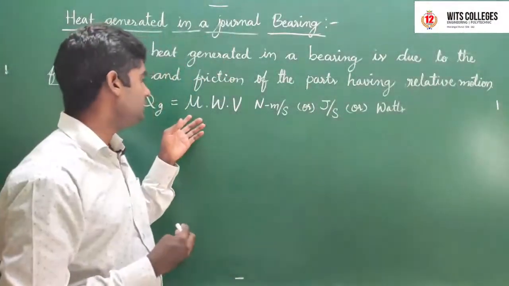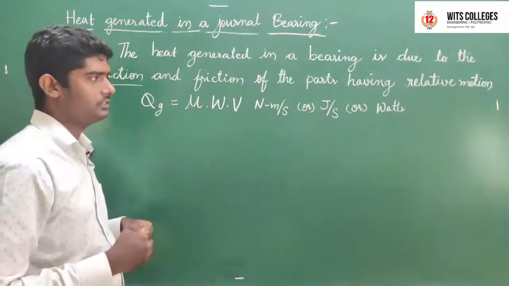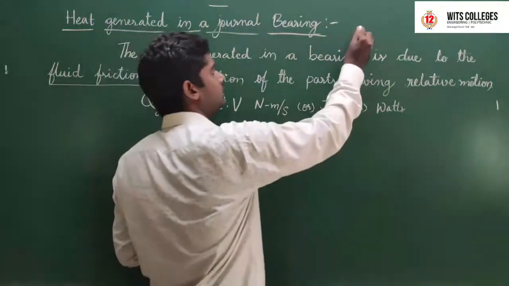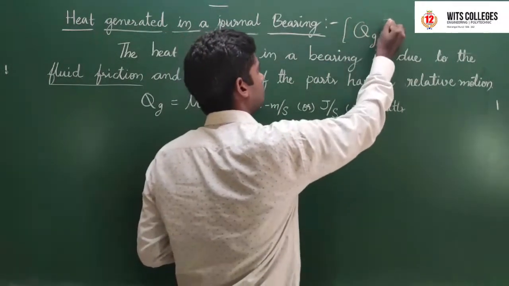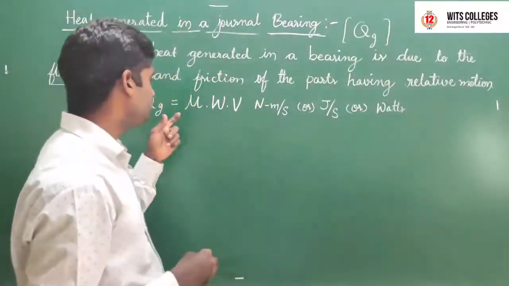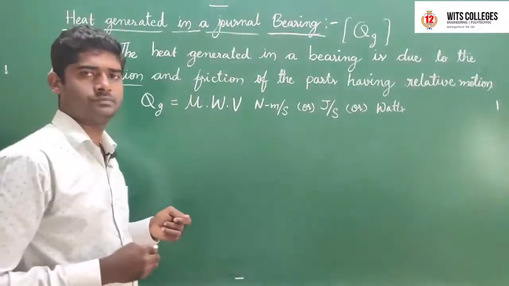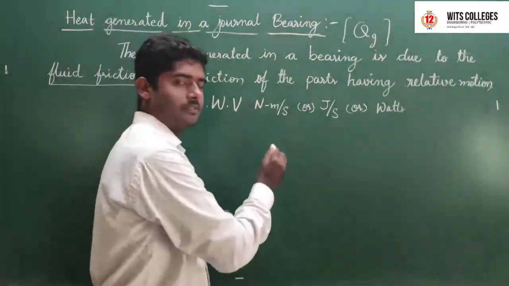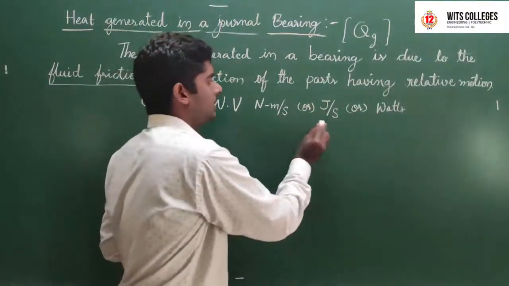This is the heat generated in a journal bearing equation. The heat generated in a journal bearing is denoted by Qg. Qg is equal to mu into W into V, in newton meter per second or joule per second or watts. These three are units.